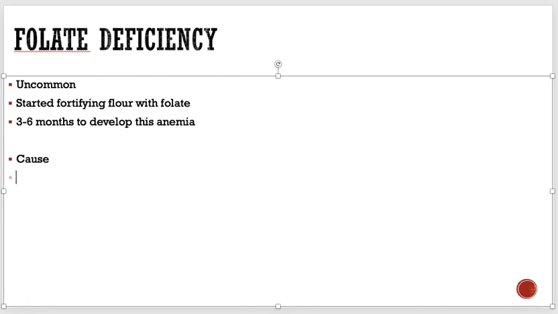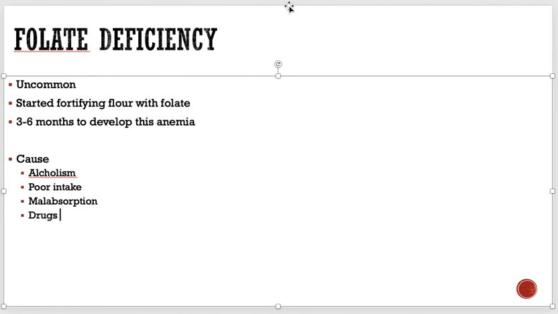Just remember a few very important things: alcoholism, poor intake, of course, in developing countries, not in developed countries. Malabsorption, the same malabsorptions which I talked about in vitamin B12 deficiency: celiac disease, inflammatory bowel disease, bacterial overgrowth, and things like this. The interesting thing is drugs.